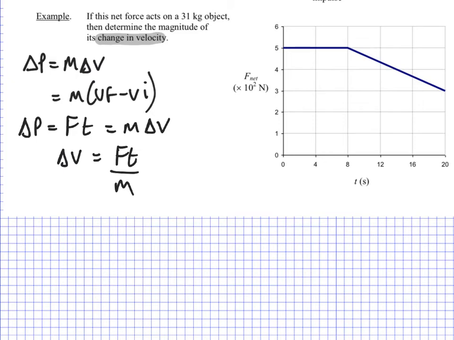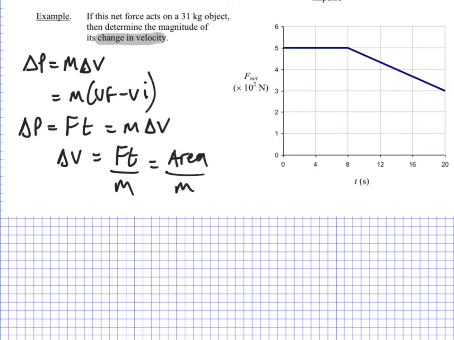And we're given the mass. Thinking ahead, as I already mentioned and we've known from class, is that the area underneath an FT graph is going to be your impulse, or your FT. So this is the area of the graph divided by mass. Okay.